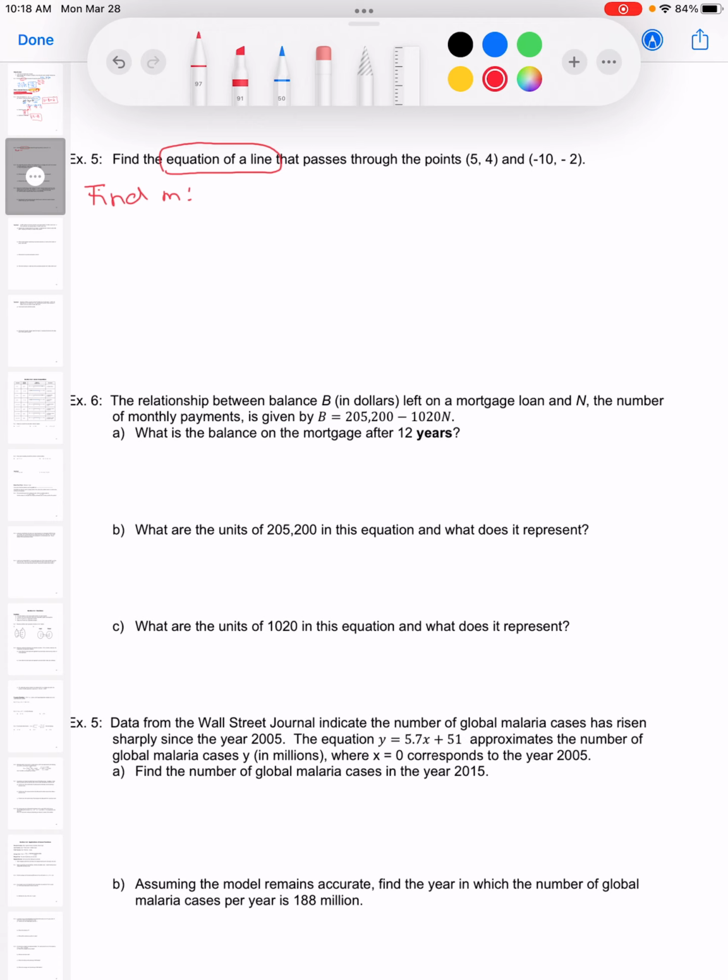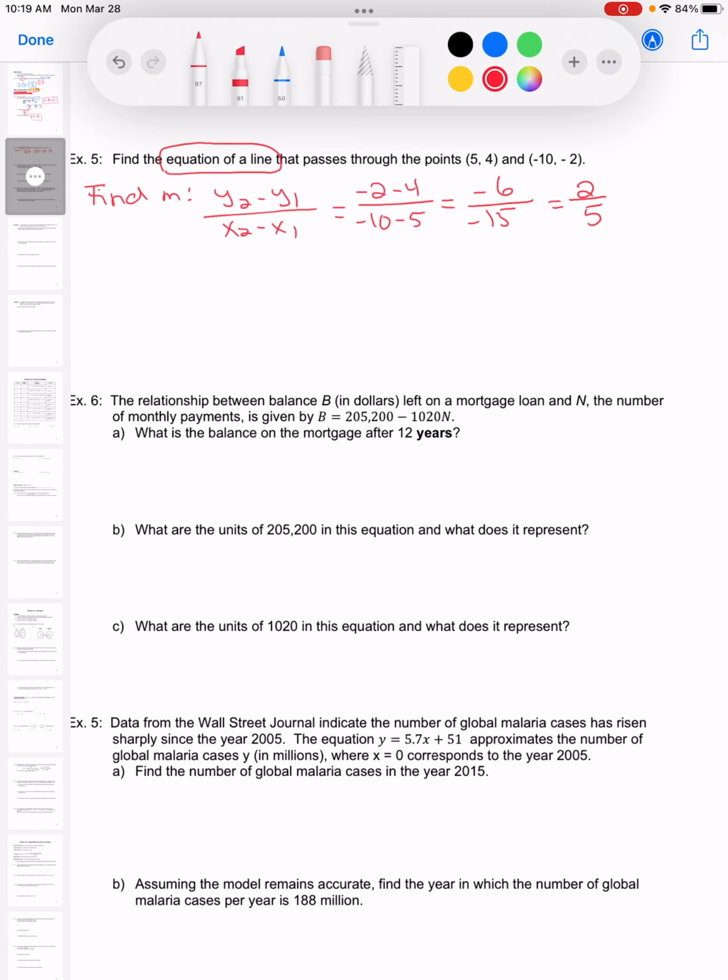So that's what you guys practiced back on the other page, y2 minus y1 over x2 minus x1. So I'm just going to plug that in. Negative 2 minus 4 over negative 10 minus 5. It's going to give me negative 6 over negative 15. I'm going to reduce that down in my calculator, and that's going to give me 2/5.